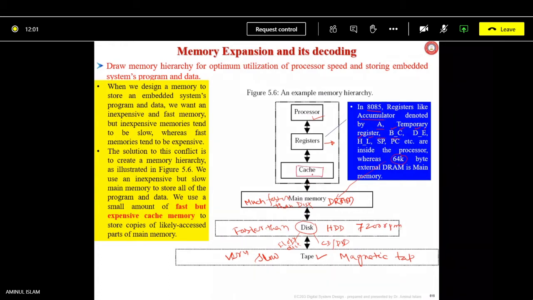This cache may have three levels: level 1 cache, level 2 cache, and level 3 cache. If you see your processor, you will see this kind of configuration. Your laptop will also describe this processor.